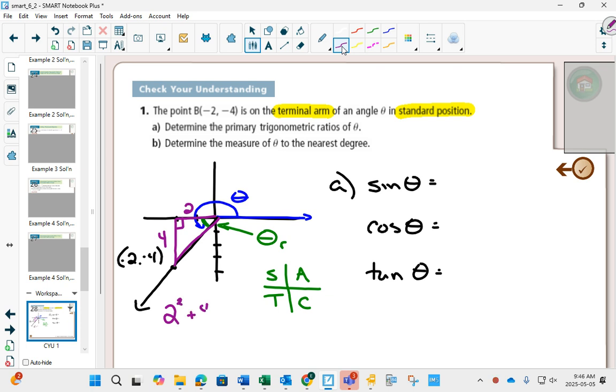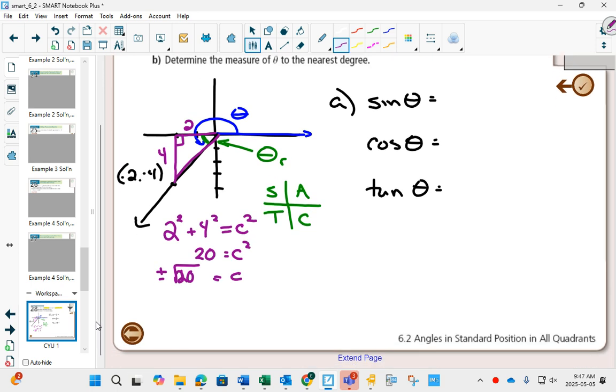Because it's a right-angled triangle, we're allowed to use a squared plus b squared equals c squared. When you square root, you're supposed to remember the plus or minus, but because it is a length, it'll be positive, and the square root of 20, we can use our radicals unit and simplify that to 2 root 5.